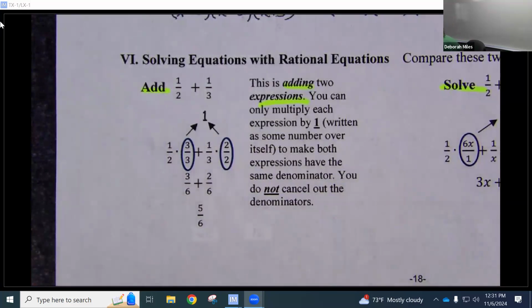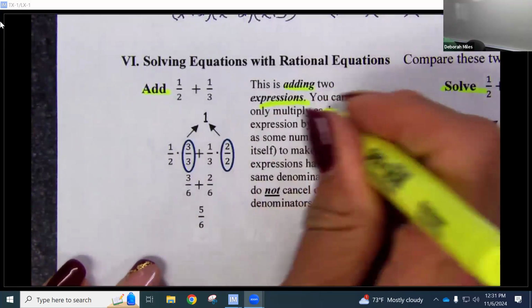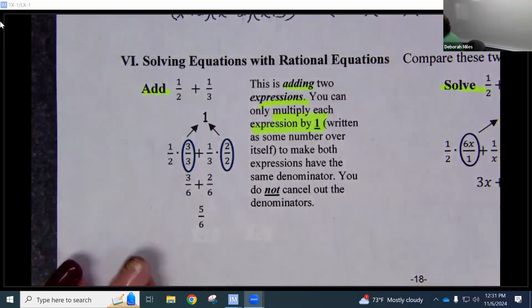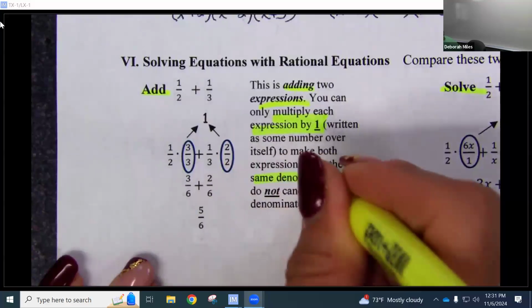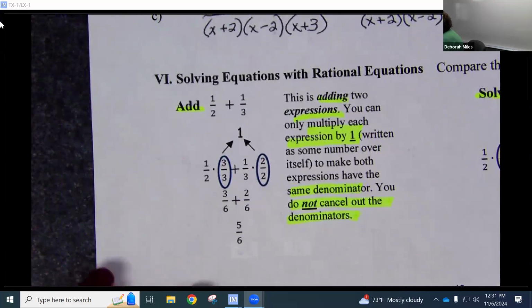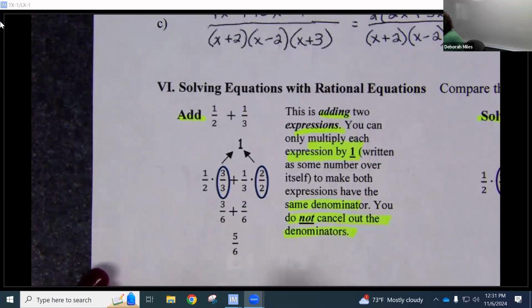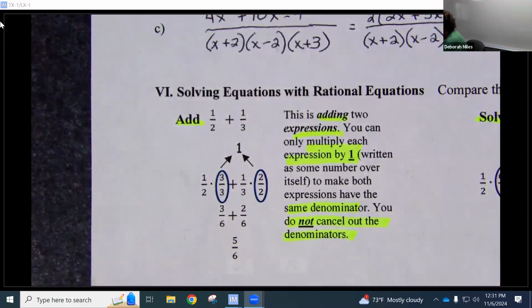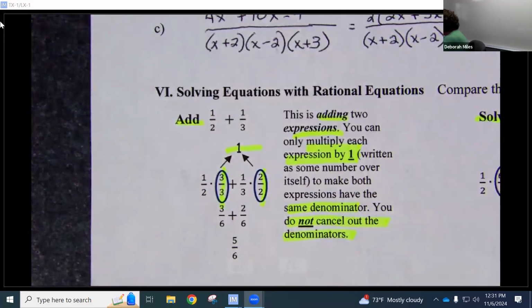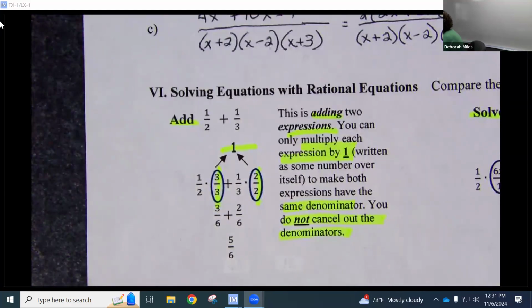When I'm adding, I have to multiply each expression by 1 to make both fractions have the same denominator, and I do not cancel out the denominator. So you can see this example looks just like 11 and 12. It's easier because it doesn't have x's in it. But I'm multiplying each fraction by 1, and I am not canceling out the denominators.